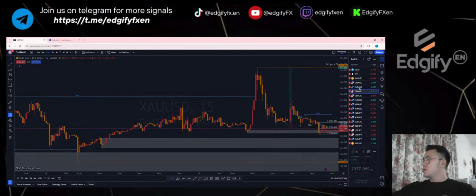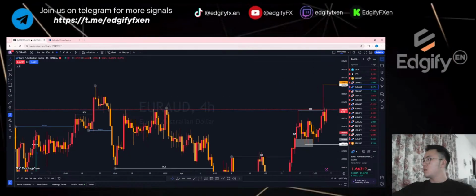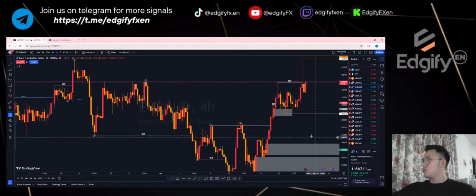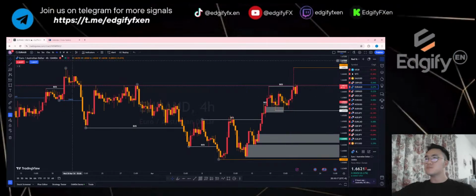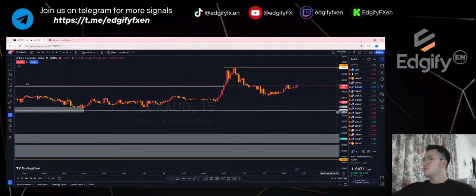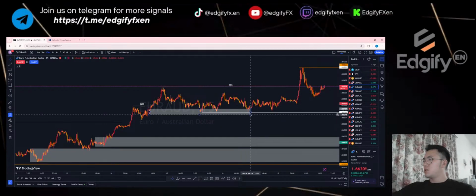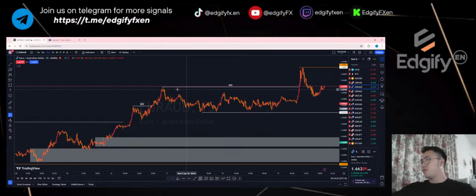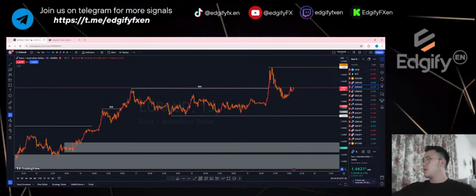All right. Okay, so moving on, let's look at Euro AUD. On my hour 4, it's continuing the uptrend. I will be looking at my 15 to see if there's any possible entries that we can take. For example, I have a breakout here, which then my low from here all the way to this high.